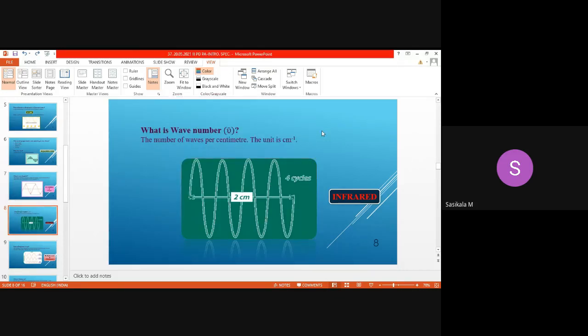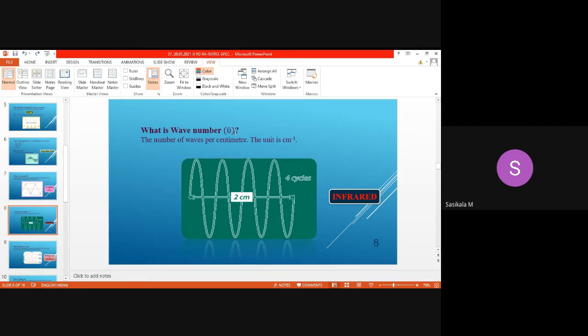So wave number is nothing but the number of waves per centimeter, represented with nu bar. The unit is centimeter inverse, since it is calculated based on distance. How many whole waves are passed in a given distance? If more waves are passed in a shorter distance, the energy will be more for the radiation. If only fewer waves, say only 2 waves in 2 centimeters, then it has low energy.